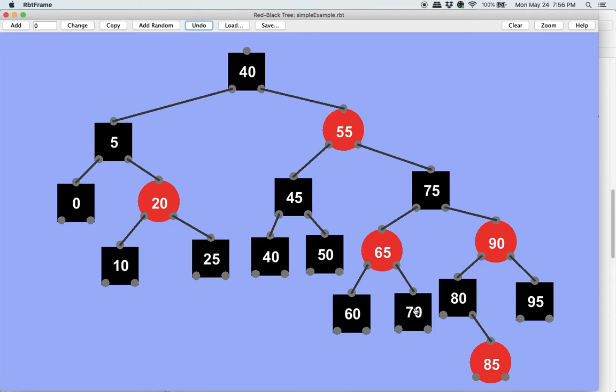I go ahead and delete it, but now I am out of balance, because if I start at this null and count my black nodes up to the root, I have 1, 2, whereas if I start at any other one, I will count 1, 2, 3. So any of the other paths will have 3. So I have a problem here, and I need to basically do a fix-up.